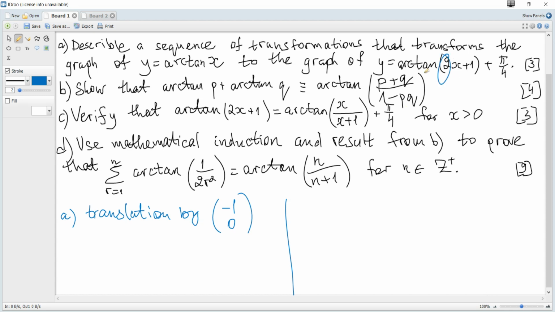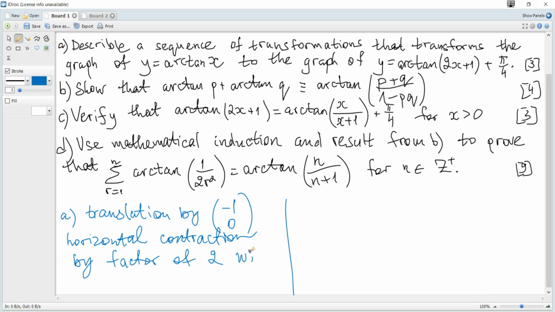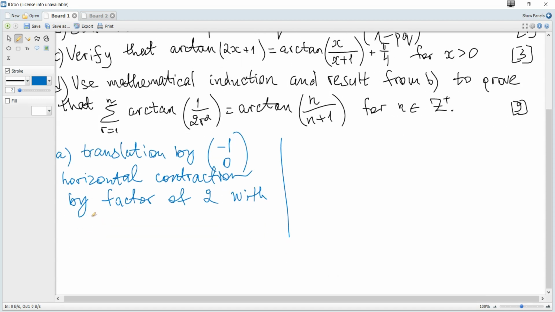a horizontal contraction by a factor of 2 with the y-axis invariant.